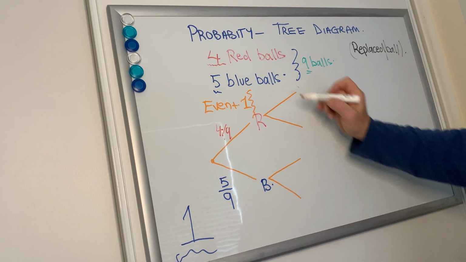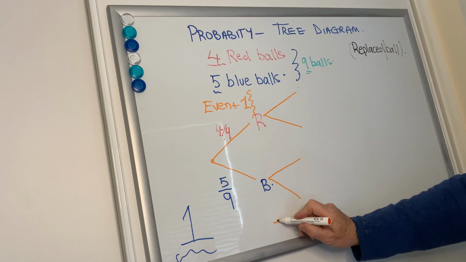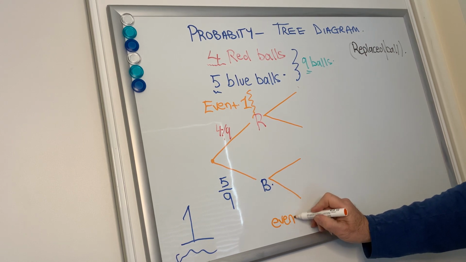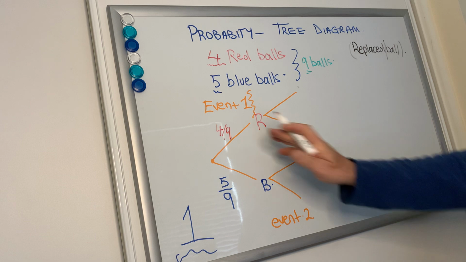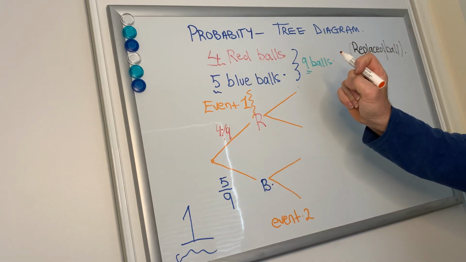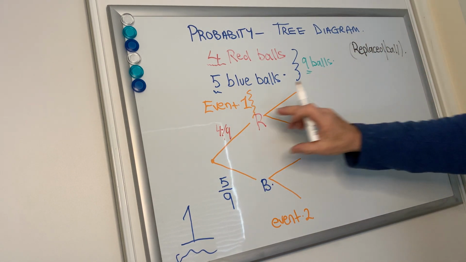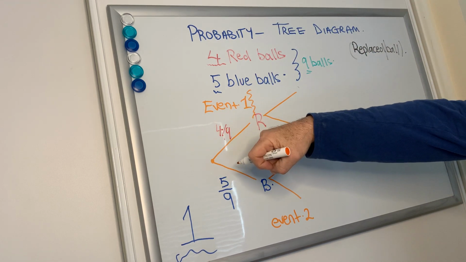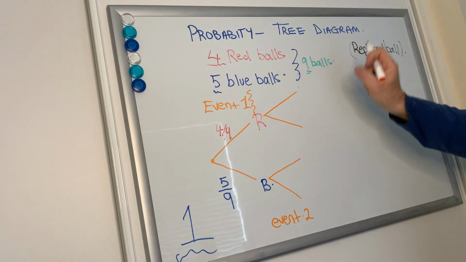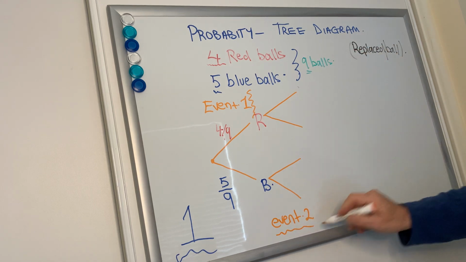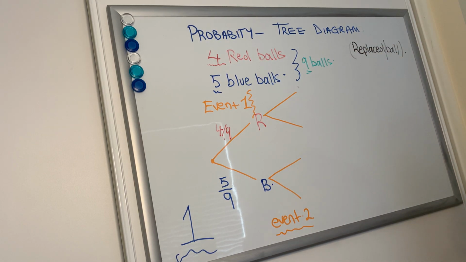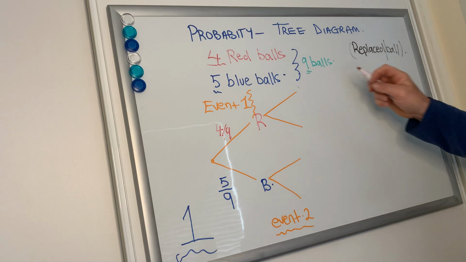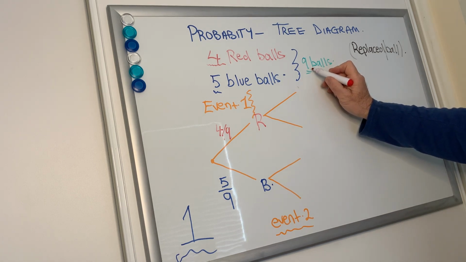This is the first event where we took out 1 ball, but remember we're replacing that ball. Once we've taken that ball out, we're going to throw it back into the bag or into the bowl, and we're going to choose another ball in event number 2. If we're putting the ball back, we actually haven't changed anything. We still have a total of 9 balls.